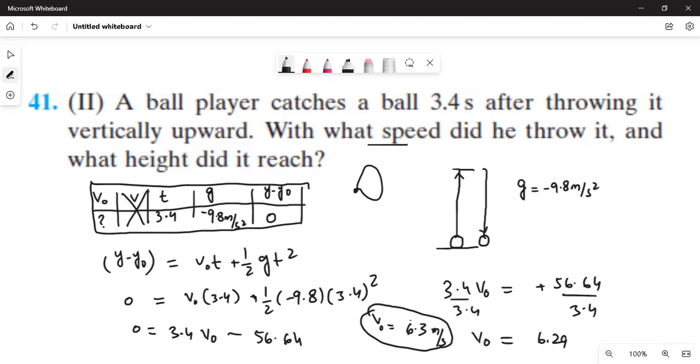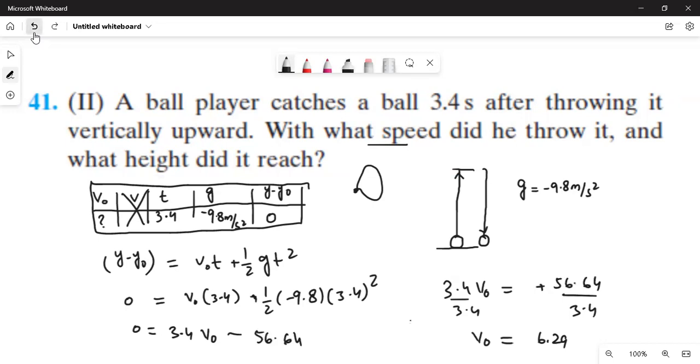Can you give me the calculator please? 0.5 times negative 9.8 times 3.4 squared. This answer is 56.64. That was correct. So the first answer, 56.64, was correct.